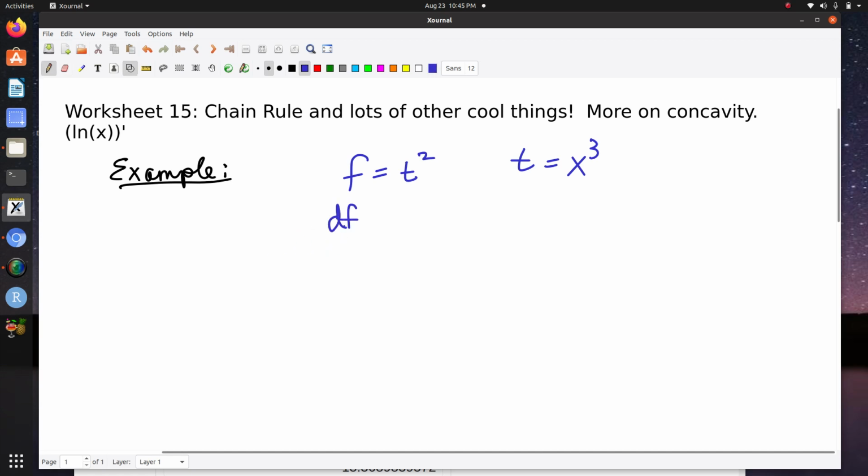So df dt is equal to 2t, and then dt dx is 3x squared, and I multiply them together.